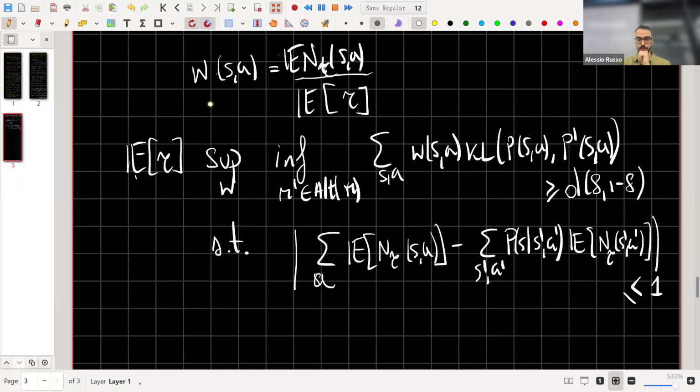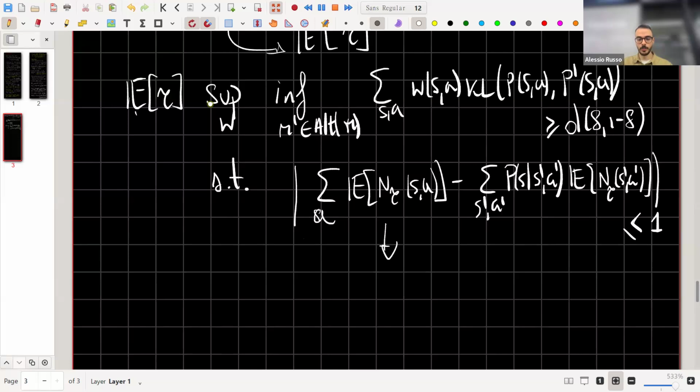Okay, so we can replace this expected number of visits of SA by using this change of variable. So this will become the expected value of tau times W_SA. Similarly, this quantity will become the expected value of tau times W_S prime A prime. But then we can divide both sides by the expected value of tau.